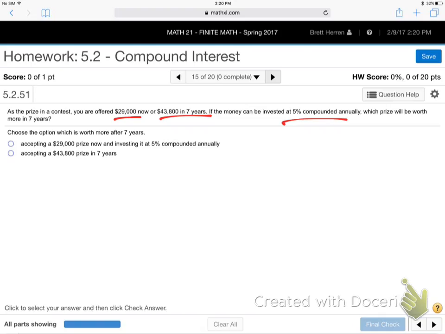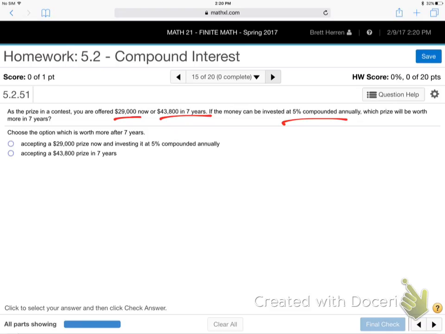Basically, we have to figure out if we took our $29,000 and invested it at 5%, would it grow to be bigger in 7 years than the $43,800 or not? That's all they want us to do, see which way would be more.